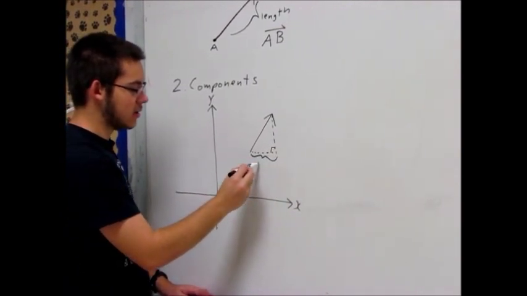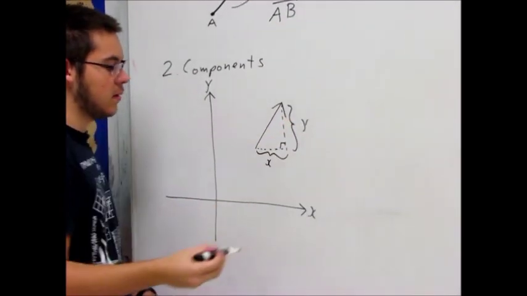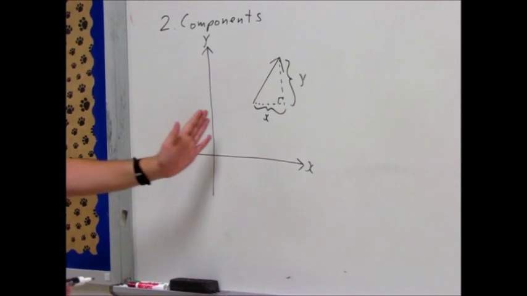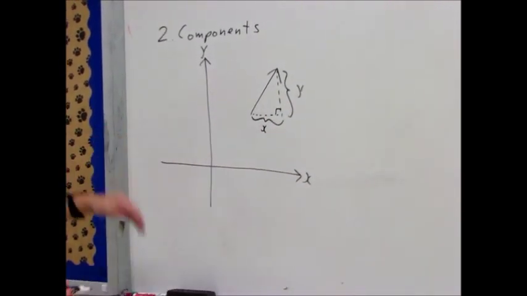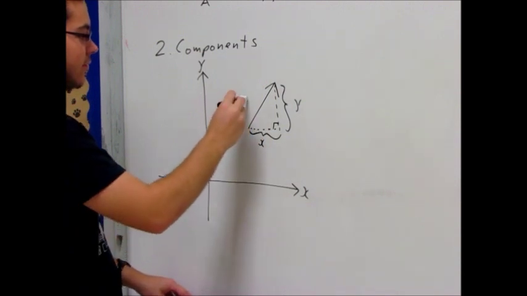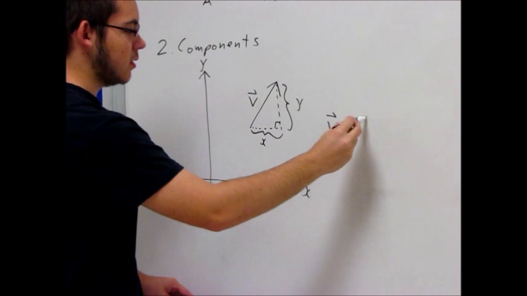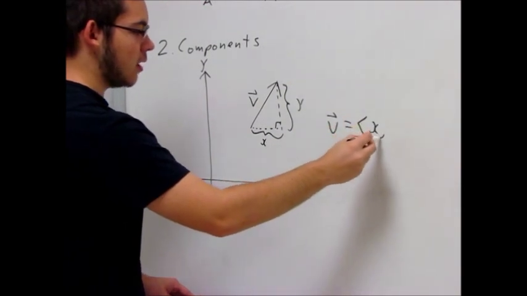So I can say this is the x component, and this is the y component, where x is measured positively this way and negative this way. Then I can talk about this vector, say vector v, as v equals x comma y.